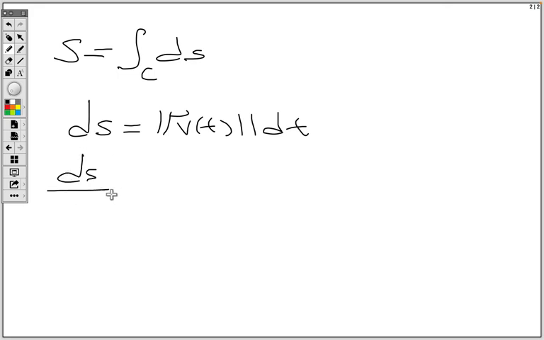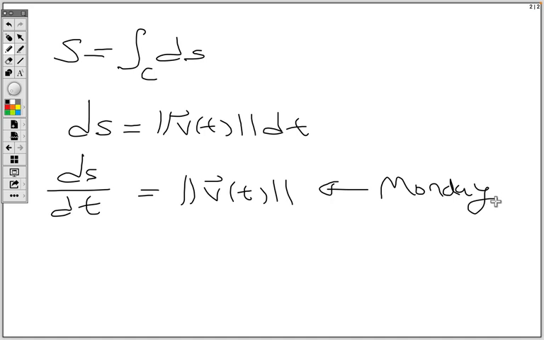And so if I take the derivative of arc length with respect to time, not surprisingly, we get your speed. Because if you think of arc length as distance, traveling so many miles, time being hours, then the derivative, miles per hour, is exactly your speed. Okay, so this is what we talked about on Monday.